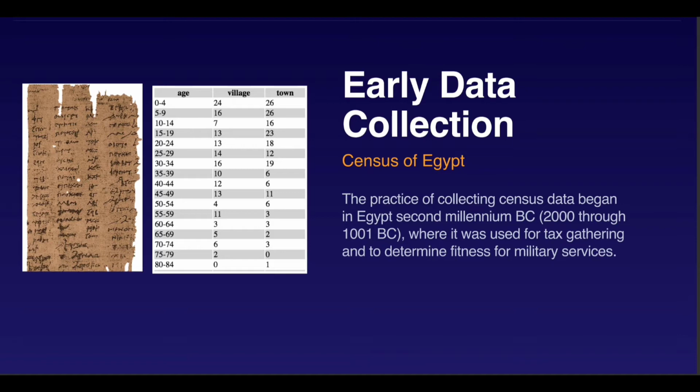The reason they gathered this data was for tax purposes and to determine the fitness level for military service. Capturing this data was important because they needed to understand and determine different information about the people. And at the core of it, data collection is the same today. We use the data that we collect to understand current information and determine predictions for future events.